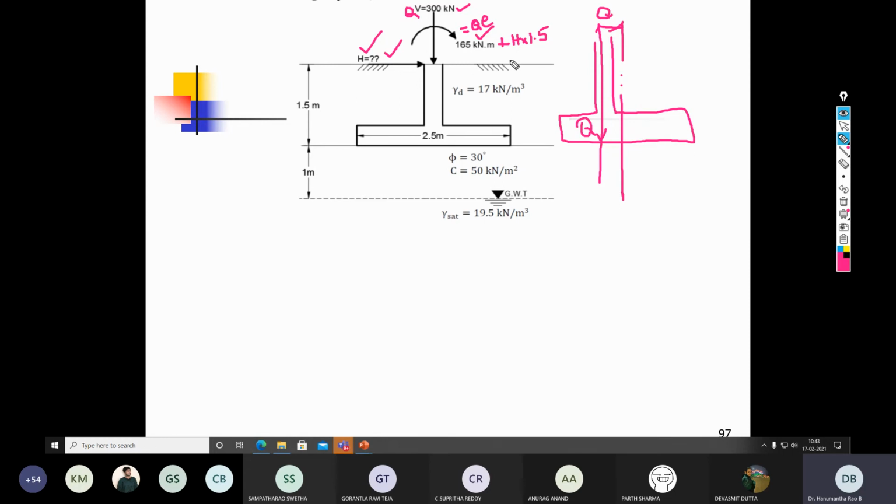Some data has to be given to solve this. But fundamentally, you need to understand where to incorporate the horizontal load in the given vertical load and the moment. Once this logic is understood, you can solve the problem.